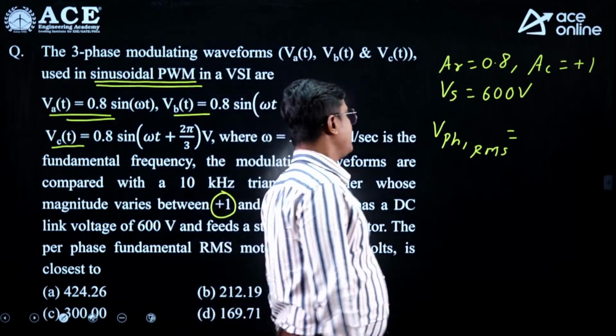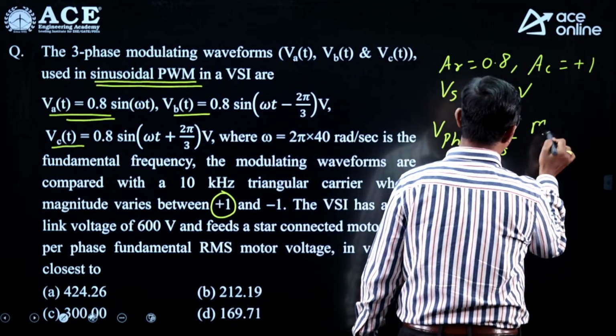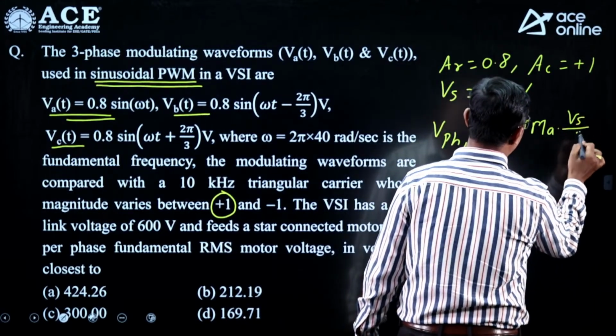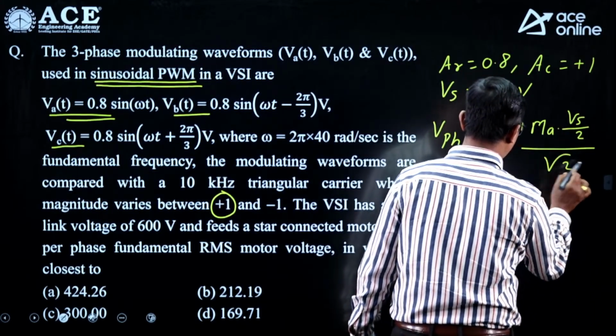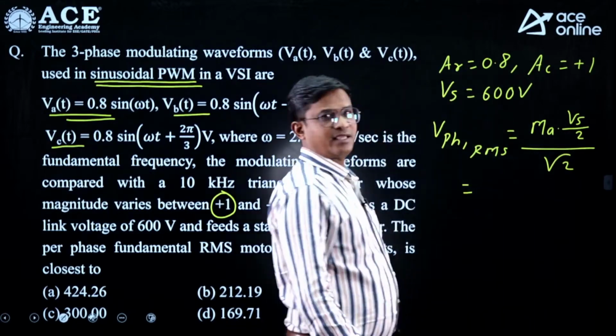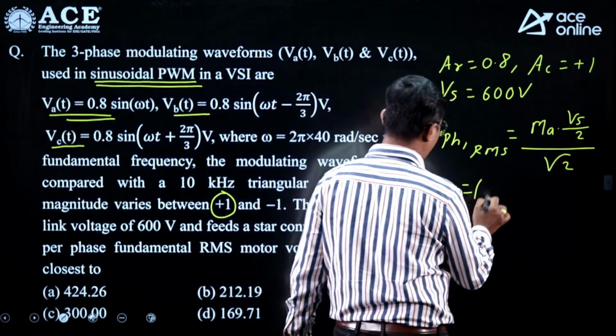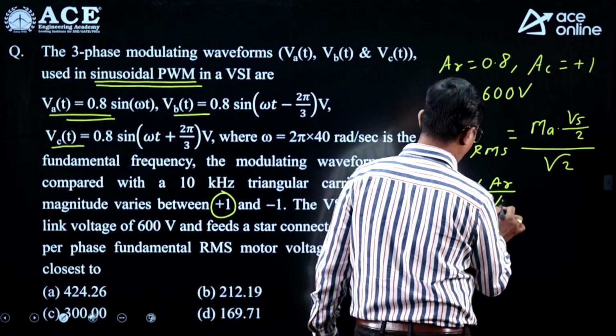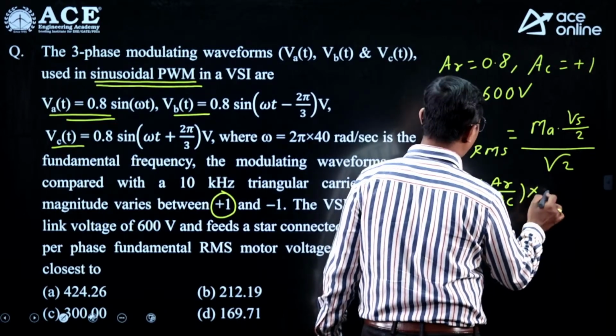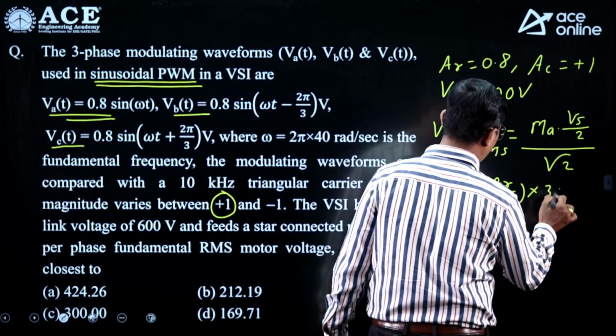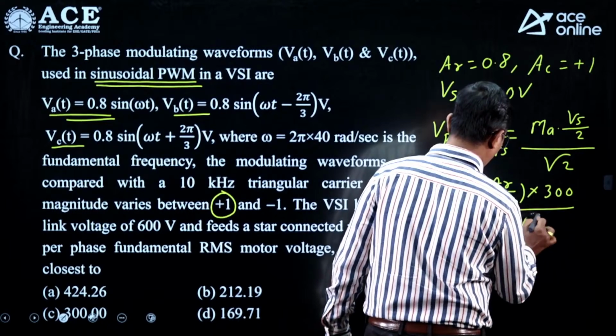What is the expression of VPH1 RMS from our classroom session? Yes, it is MA into Vs by 2. This is the peak value, divided by √2. So MA is AR by AC, so I can write AR by AC into Vs by 2, that is 600 by 2 means 300, upon √2.